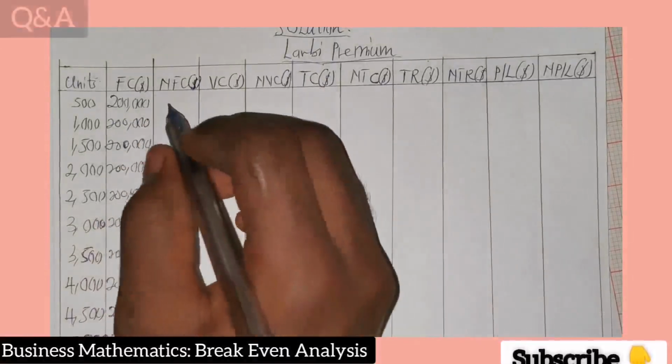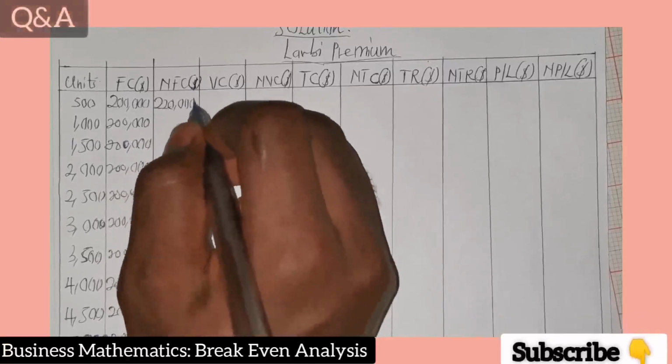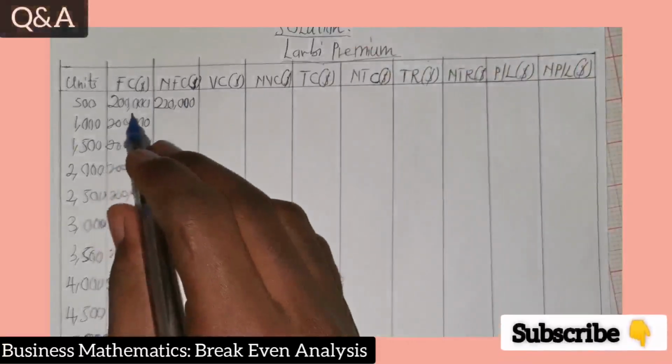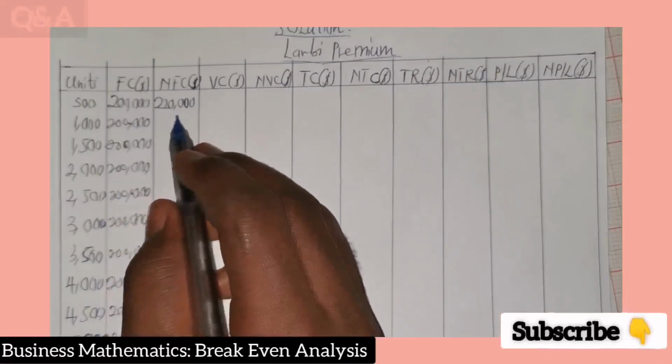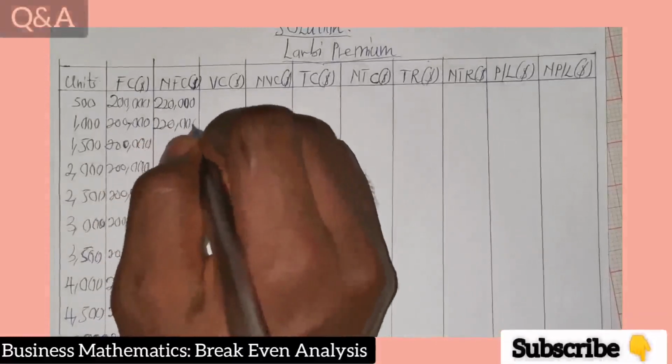You can also try and work yours with your calculator or any device for calculation. Meaning that 10% on the 200 is going to be 20,000. So when I add it to the original, I'm going to get 220,000. So here they say they're going to record. Remember, fixed cost is fixed.